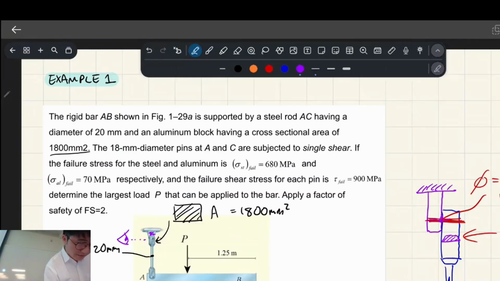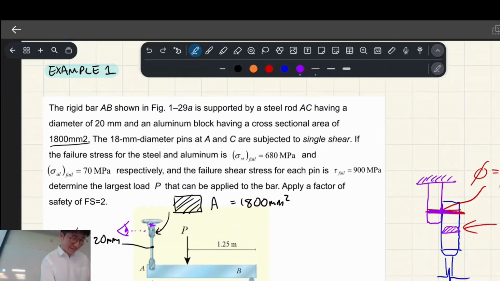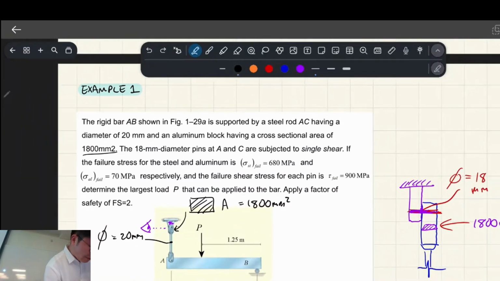And then we have the pin, which is the connection, and that has an 18 mil diameter, and it's in single shear. So those are our 3 things that we have to check.